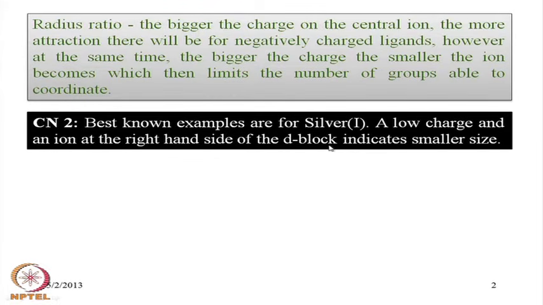The right hand side d block elements can provide only low coordination numbers, because the charge is less. So, when we talk about silver 1, gold 1 or mercury 1, we can have only a coordination number of 2.